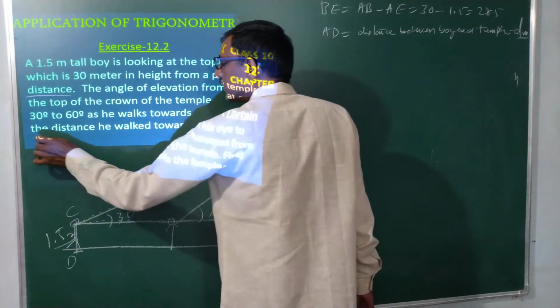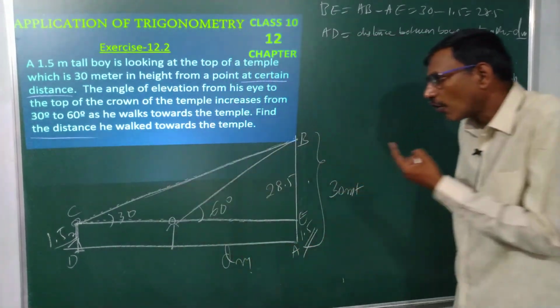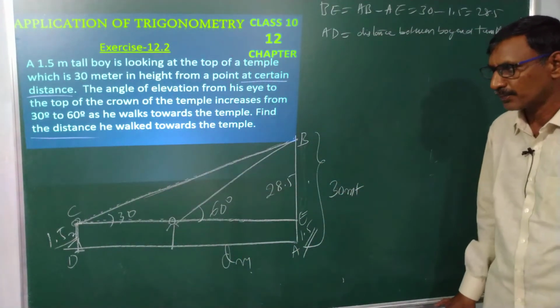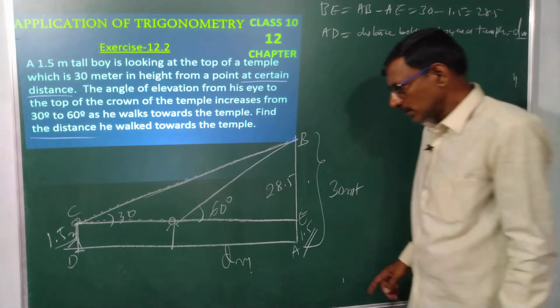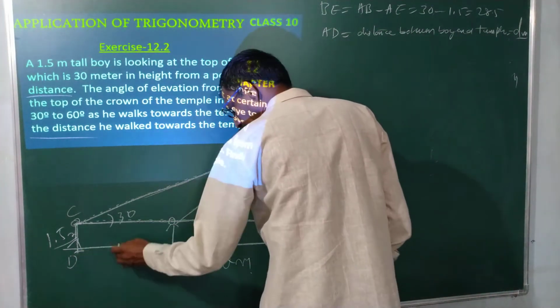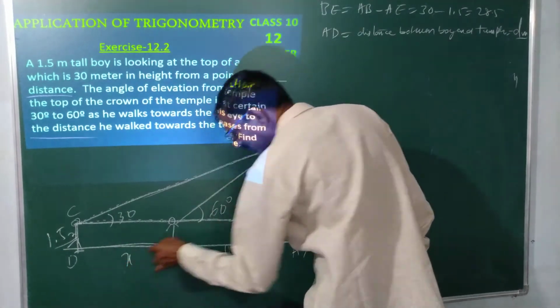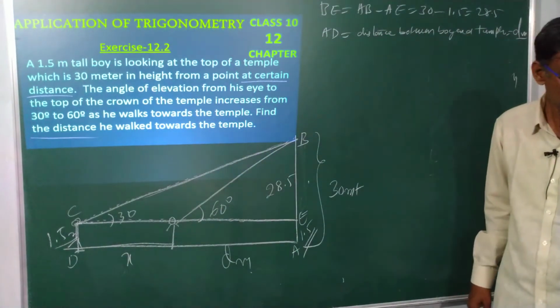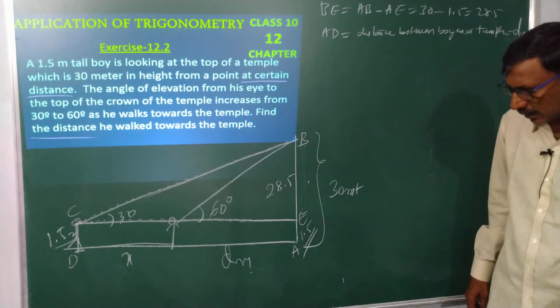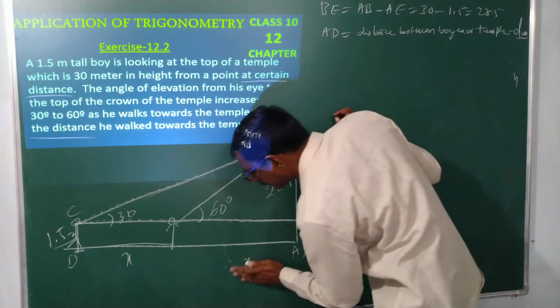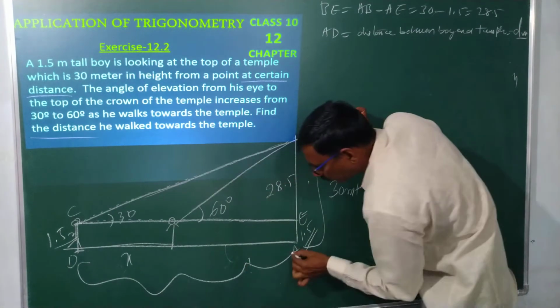Find the distance he walked towards the temple. The total distance is D and the distance walked towards the temple is some X. This is my total distance D.